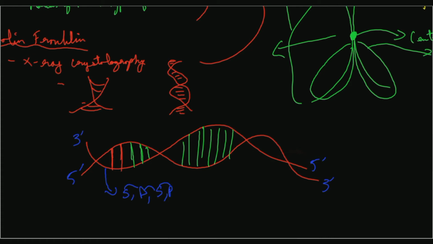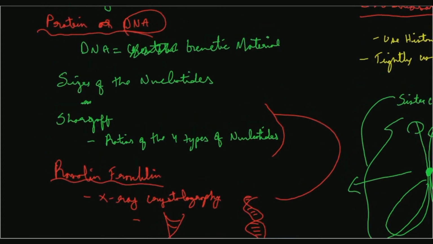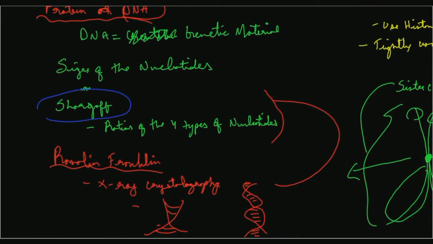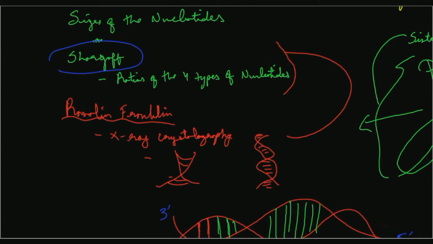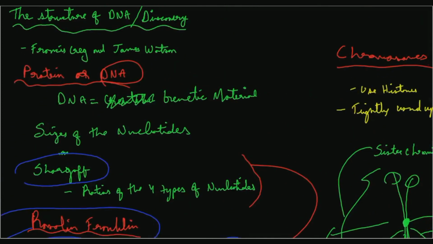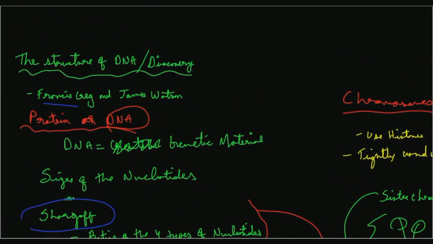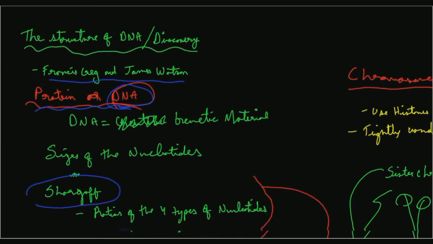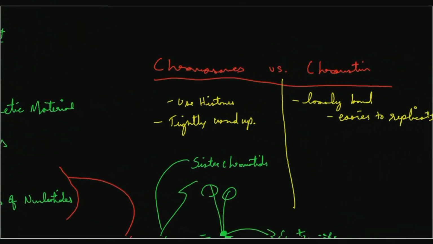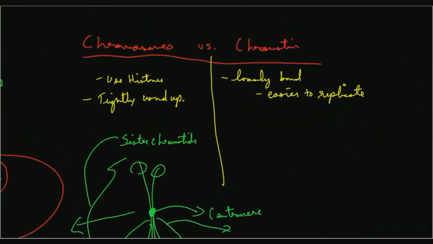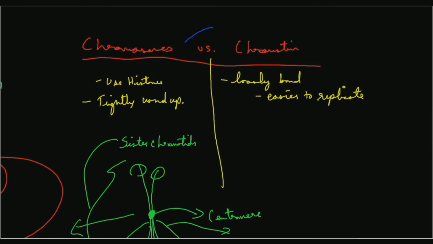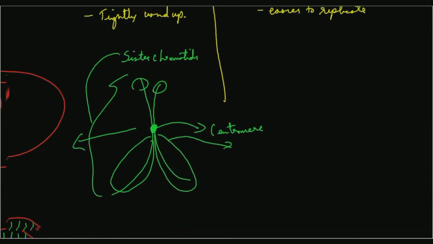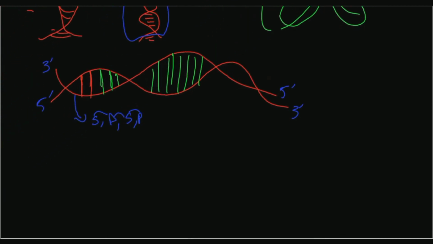But basically, all you have to know for this section is some of the people that came up with it, and what they came up with, how that was used to come up with the overall structure of the DNA, and who actually came up with the DNA, and the history of why DNA is considered, versus protein, as the genetic material. Also, the structure of a chromosome, the difference between chromosomes and chromatin, and just stuff like that.